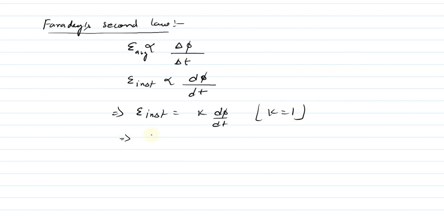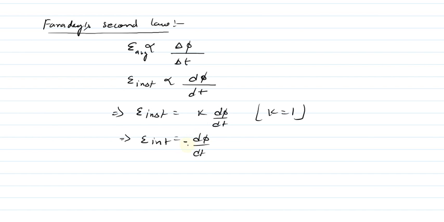So the instantaneous induced EMF will be d phi upon dt. And actually there is a negative sign, which represents that the induced EMF has the opposite direction to the magnetic field, which will be introduced in Lenz's law.